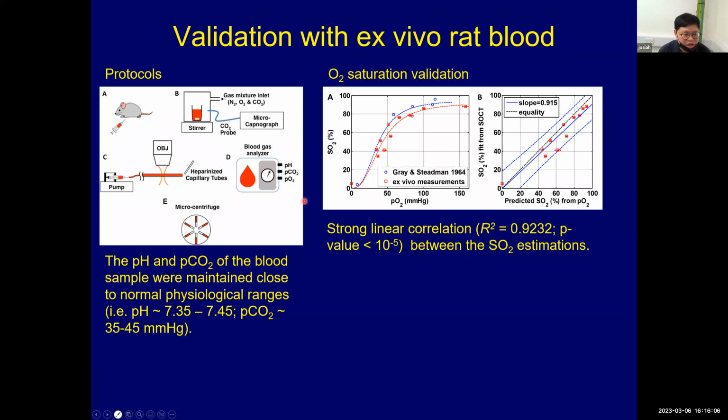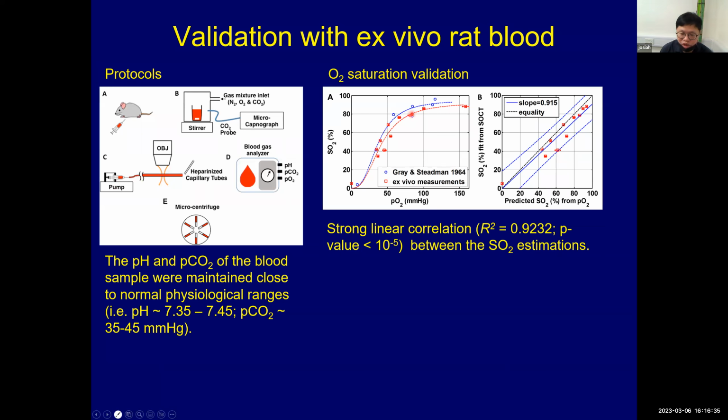We can only do it in red blood. Basically, we can manipulate the oxygen saturation of the blood, maintain the pH value and the temperature, and then use our OCT technique to see whether we can predict the saturation value.